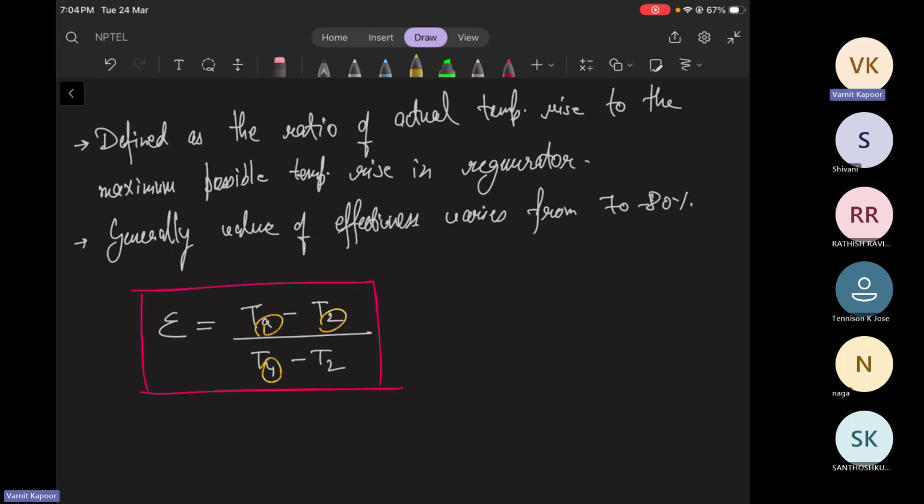So it is defined as the ratio of the actual temperature rise from 2 to A to the maximum possible temperature rise from 2 to 4. In the case of an ideal regenerative cycle, effectiveness is always 1 or 100%. Let me write it as a note.